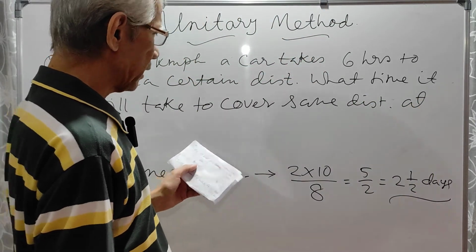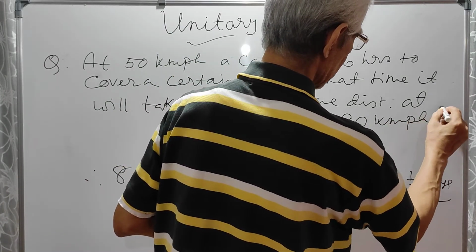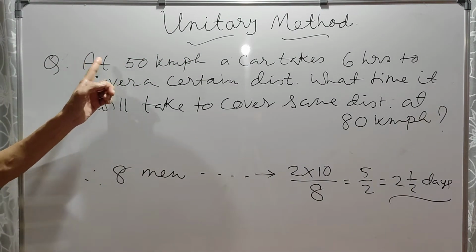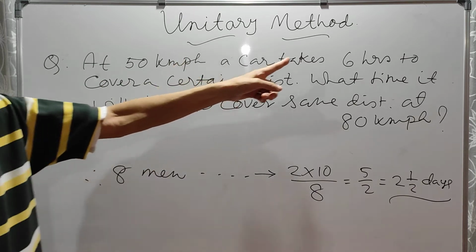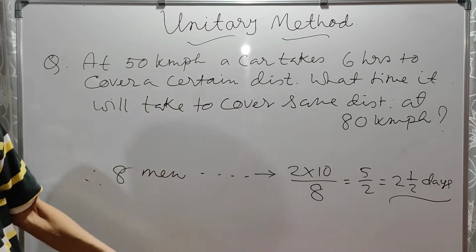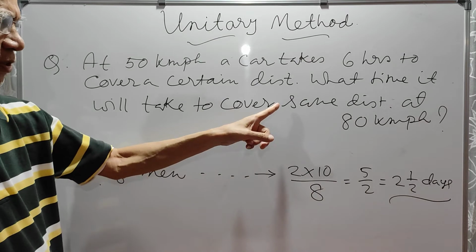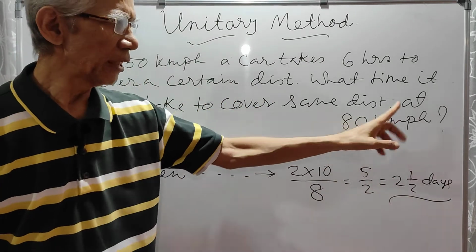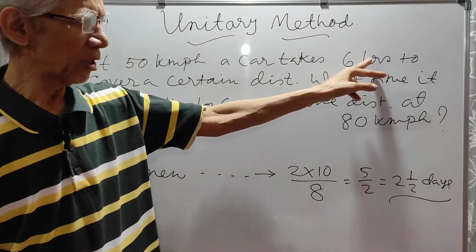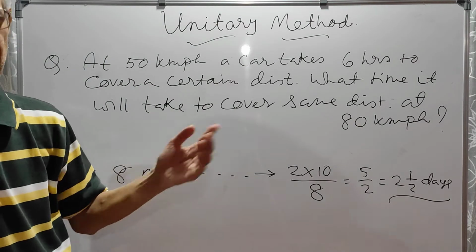At what speed? 80 km per hour. See the question carefully. Traveling at 50 km per hour, the car takes 6 hours to cover a certain distance. Now, how many hours will it take to cover the same distance if the speed is increased to 80 km per hour? At 50 km, it takes 6 hours. When the speed is increased, definitely it will take less time, fewer hours. So that you have to find out.